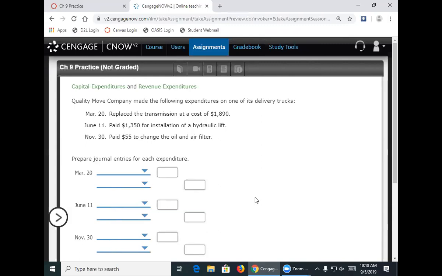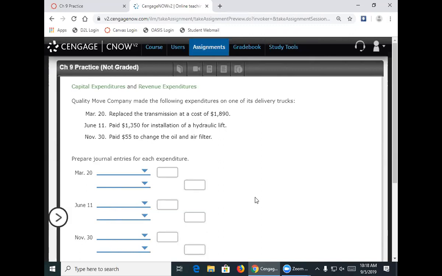It's going to be, when you have to make a repair that's not an ordinary repair, so it's beyond standard maintenance. Standard maintenance we would expense out. It would be a revenue expenditure. So if you're doing an oil change or replacing tires or spark plugs, those are all just expensed out.